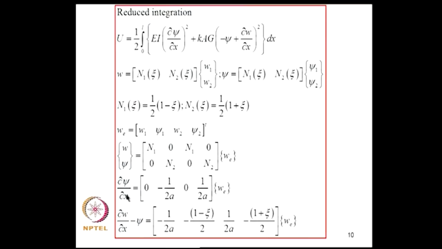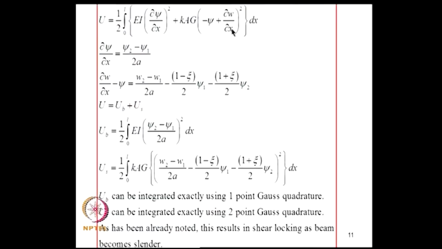Now, we can compute ∂psi/∂x and ∂W/∂x, which are needed in the evaluation of the strain energy, and we see that the strain energy due to bending and shear can be evaluated.